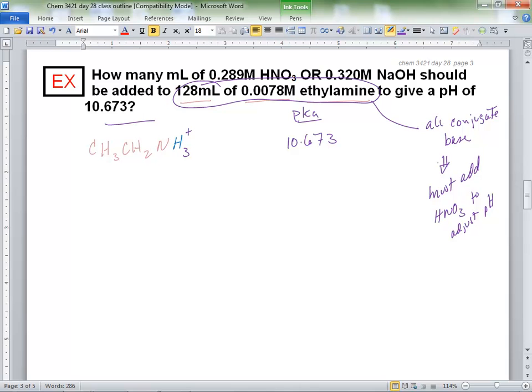So let's get the big picture here first. We know we're going to use Henderson-Hasselbalch. Hey, instead of writing conjugate base all the time, what's our little notation for writing a conjugate base? A minus. Even our little tables, I think it'd be easier.